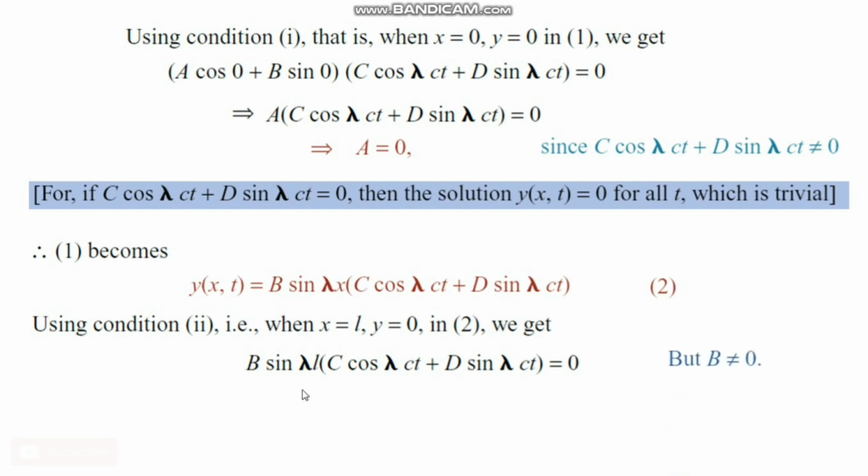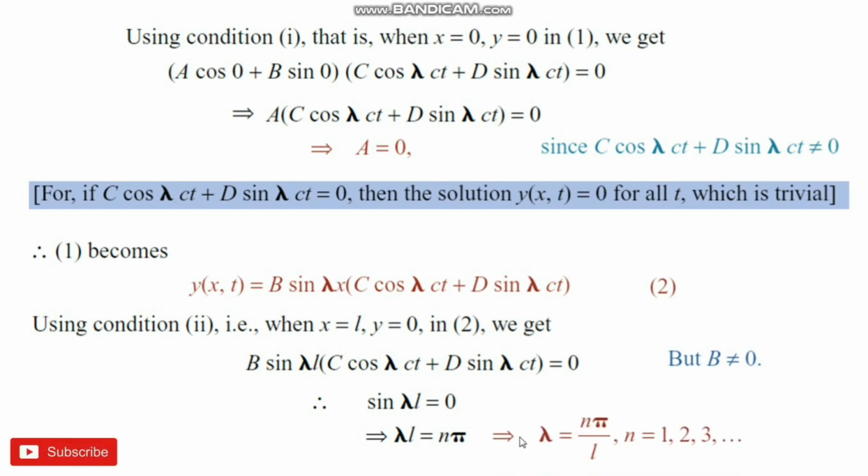Therefore b is not equal to 0, and the bracket is not equal to 0. Therefore sin lambda L is equal to 0. For what values of lambda L is sin equal to 0? Sin lambda L is equal to sin n pi. Therefore lambda L equals n pi only, which implies that lambda equals n pi by L, where n varies over 1, 2, 3 and so on.